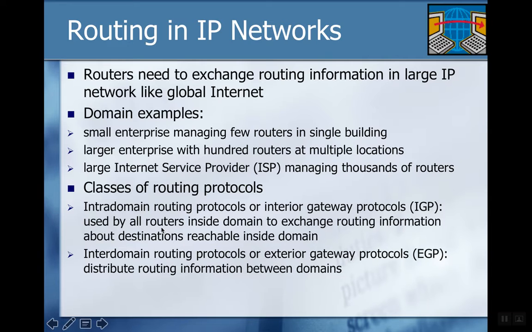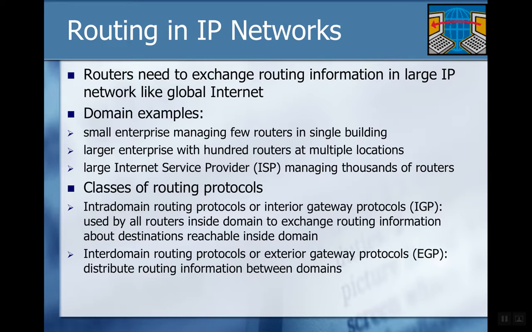There are a couple of different patterns. We say intra-domain and inter-domain. The internet is not a homogeneous thing. You can create different domains in the internet, and there are things we call interior gateway protocols and exterior gateway protocols. For intra-domain, an IGP is used by all the routers to communicate inside of a domain.